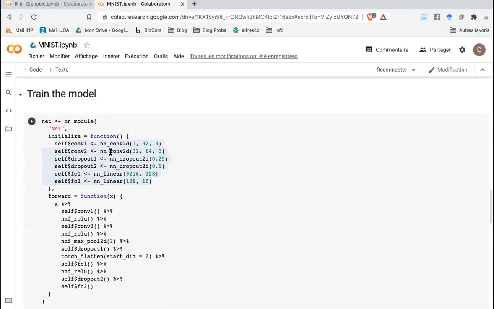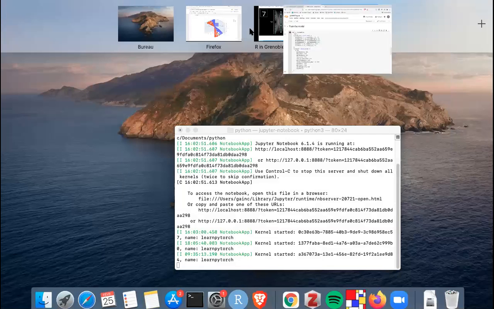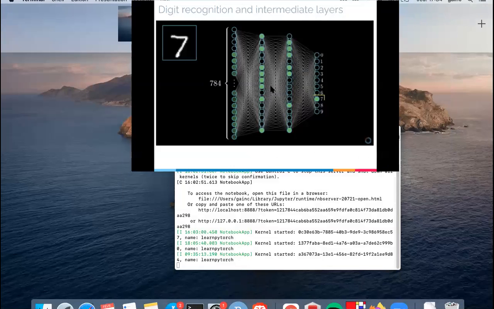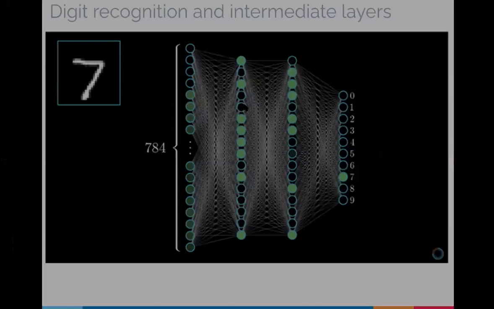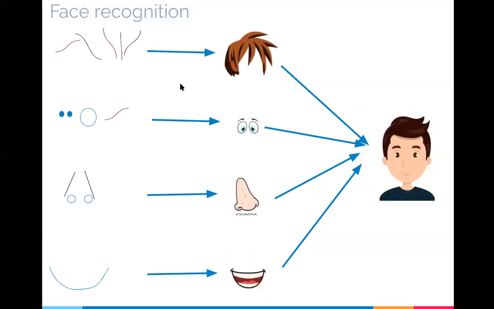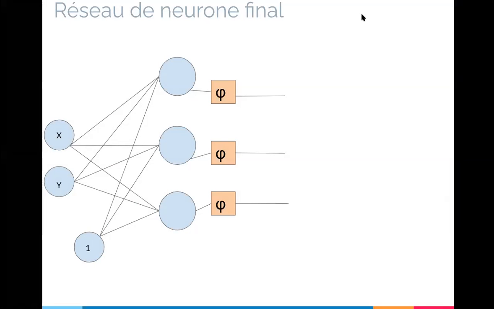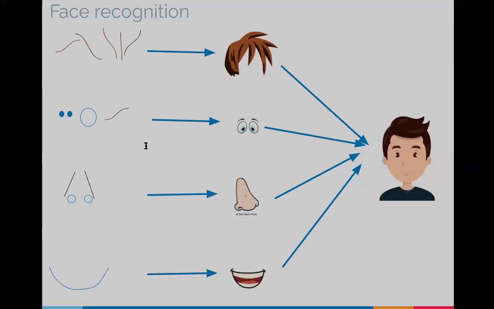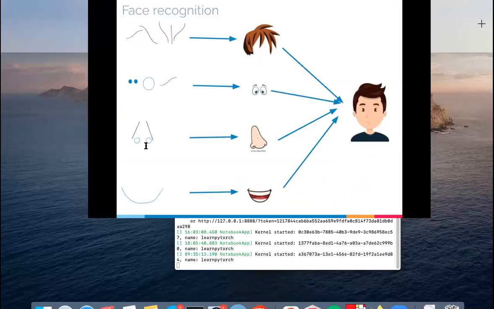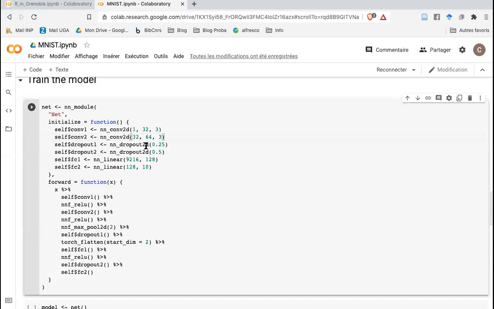And here there is a new notion, which is the convolution layer. Most of the time, we use fully connected layers, which means that all neurons are connected to the next layer of neurons. The convolution layers are another way to connect the previous layer of neurons to the next layer of neurons.